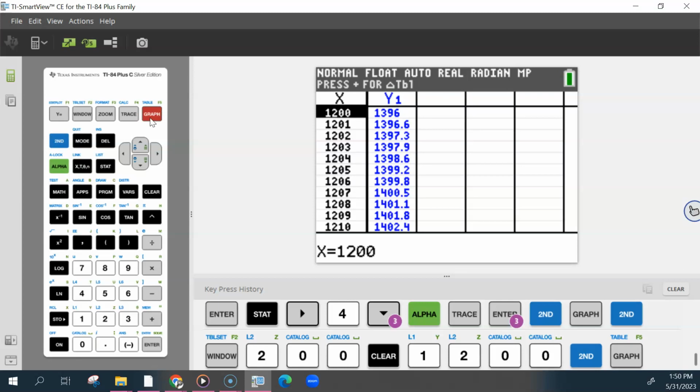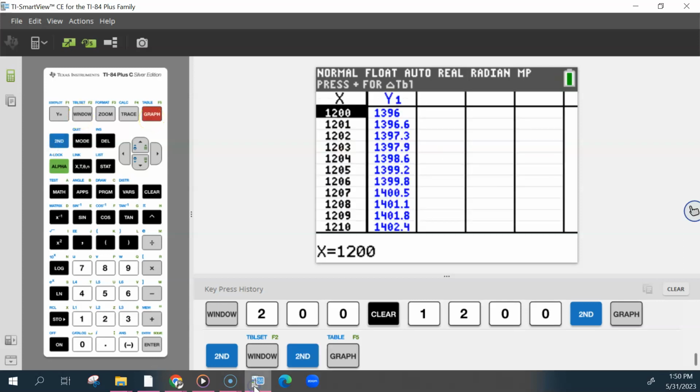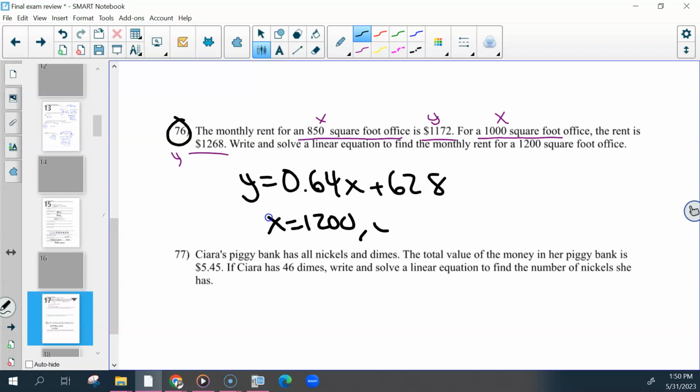I changed the window, second window, and then went back to second graph. So when X is 1200, Y is 1396. Or you could have put 1200 in that equation and solved, either way, it doesn't matter.